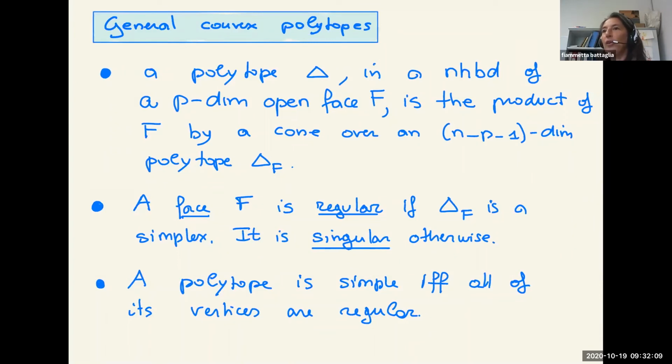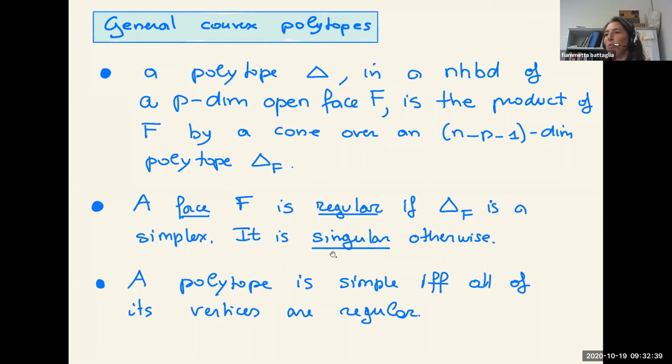This is the local structure of the polytope. We say that F is a regular face if delta F, which we call the link of the face F, is a simplex. So a face F is regular if delta F is a simplex, and it is singular otherwise.